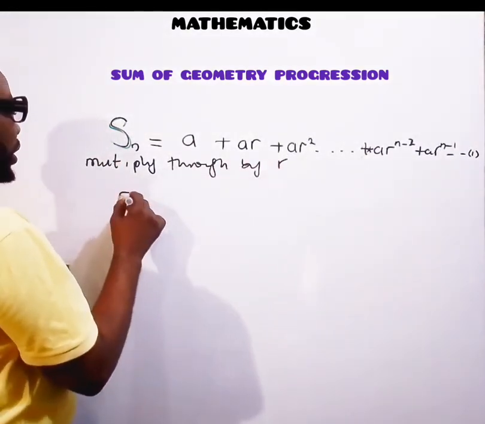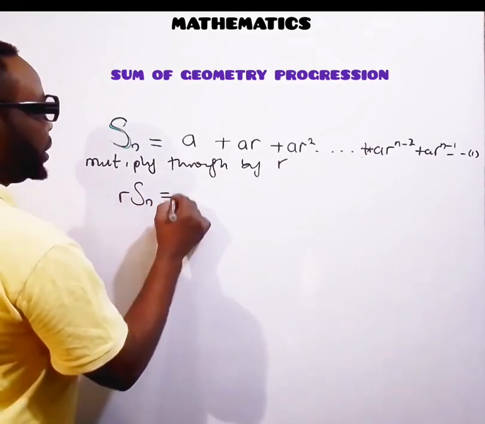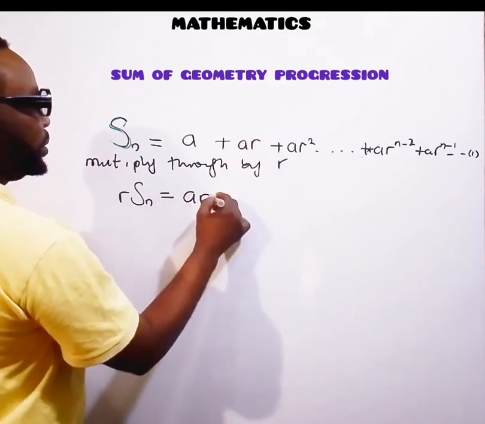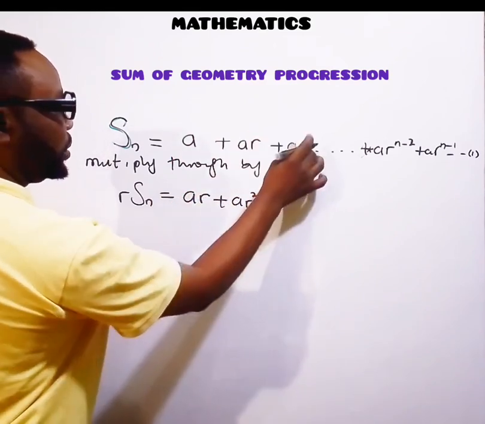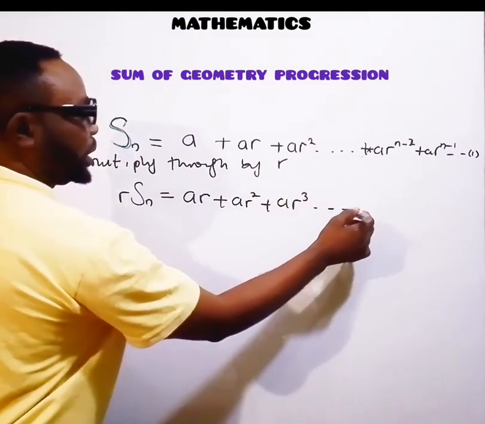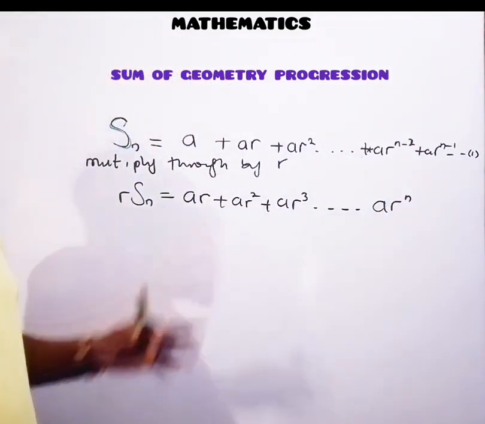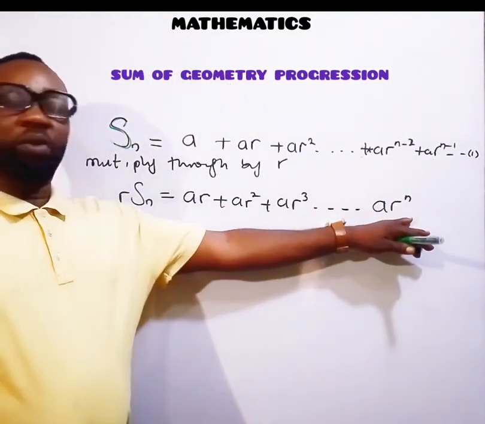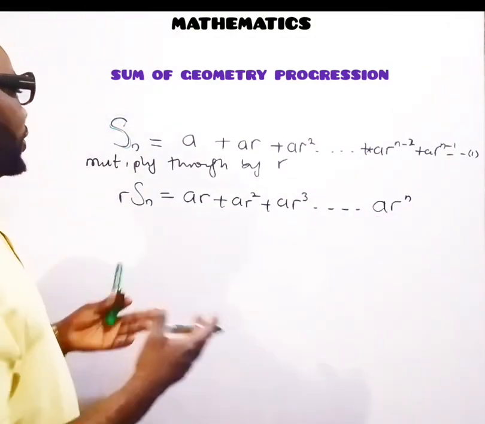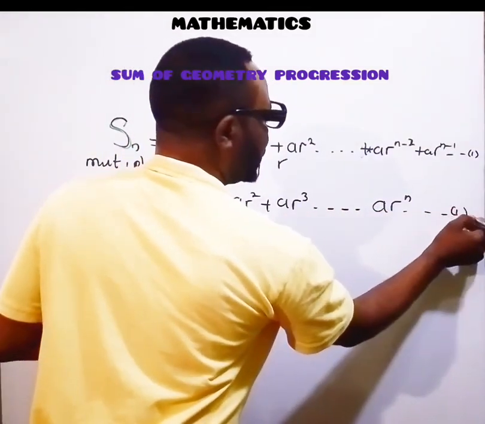We now have r multiplied by the sum of terms equal to a multiplied by r, this is ar plus ar squared plus ar raised to the power of 3, and it goes on like that to ar raised to the power of n. Let's call this equation 2.